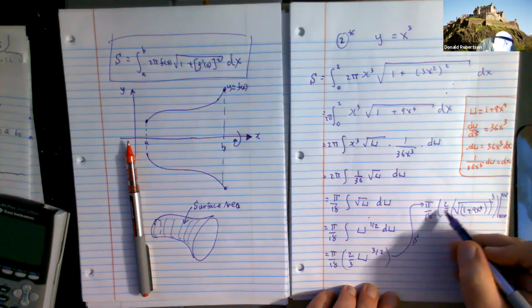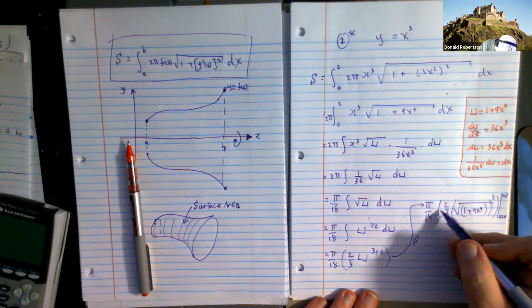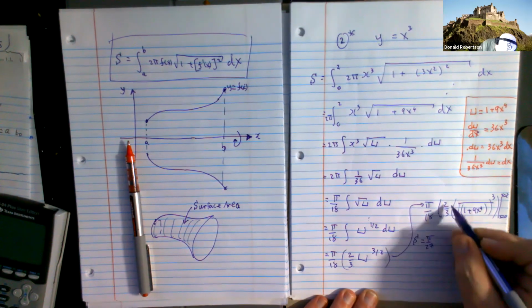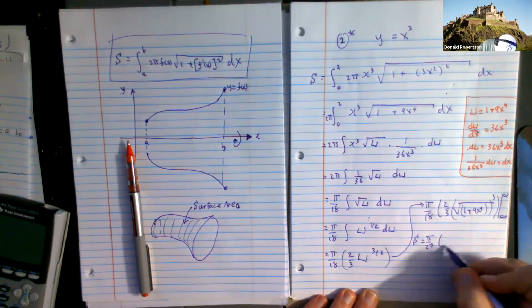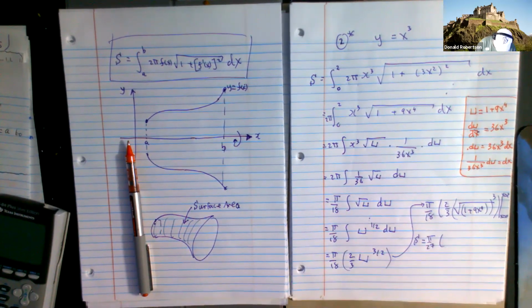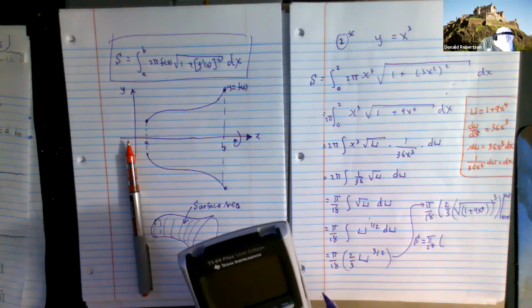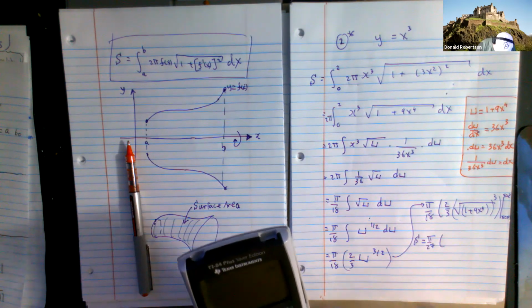We've got this one and this one. This is going to do a bit of cancelling. You're going to get pi over 27 when you multiply them together. When you plug in 2, you get 2, 4, 8, 16. Good grief. 9 times 16 gives 144, plus 1 is 145.